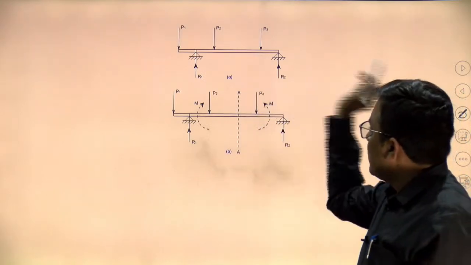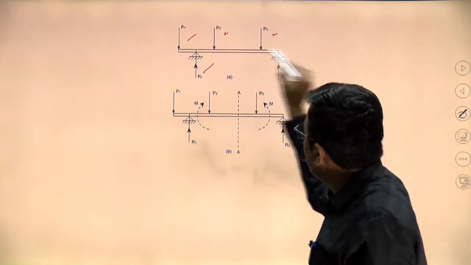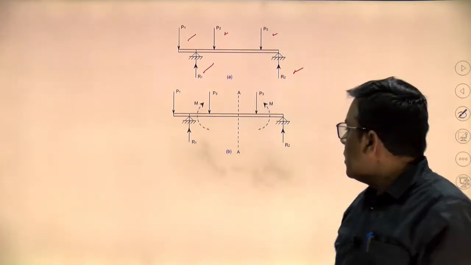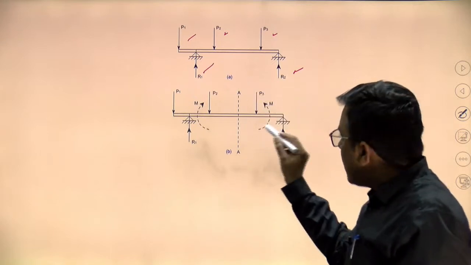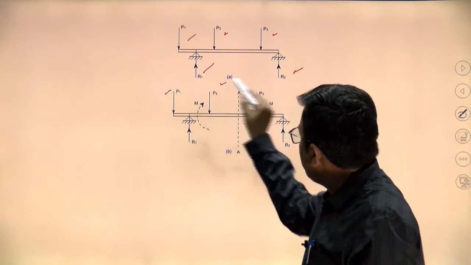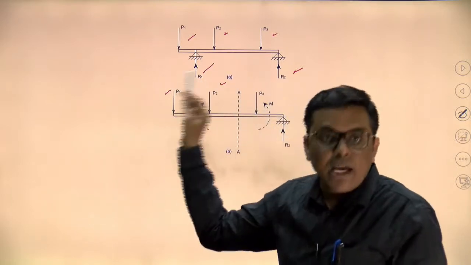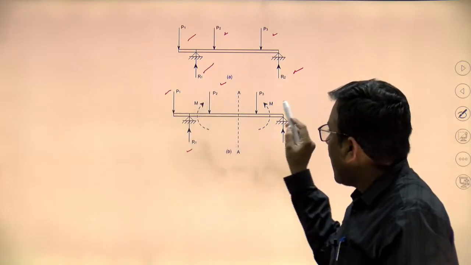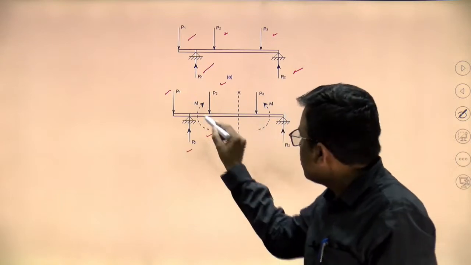So again I am considering the same beam, with the same loads P1, P2, P3, and because of them the reactions are R1 and R2. I am considering a section A. Because of all these loads P1, P2 and R1, which are on the left side of the section plane, I am taking the algebraic sum of moments, which is represented by this dotted line.